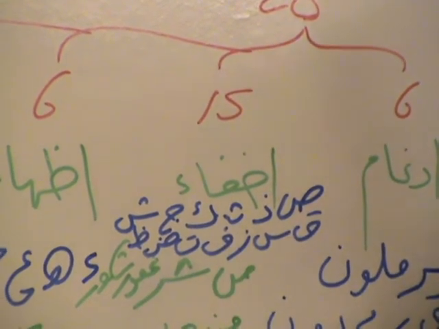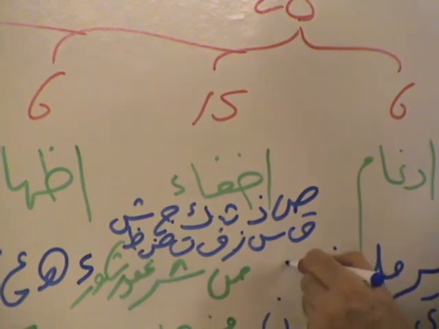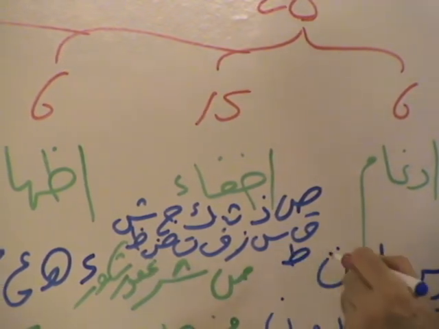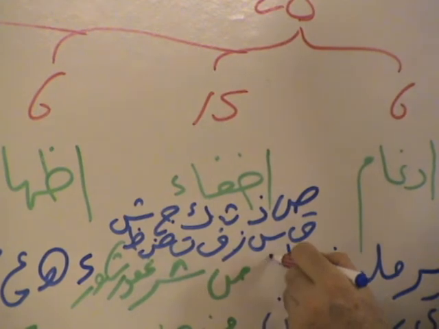You still have طاء and dal. These are the 15 letters.